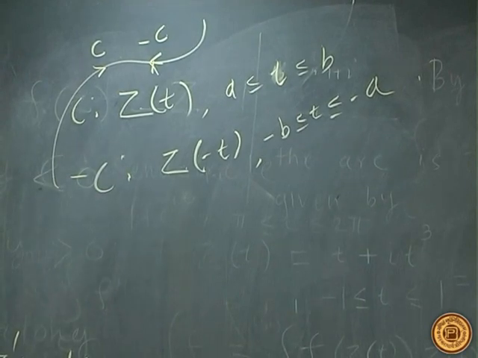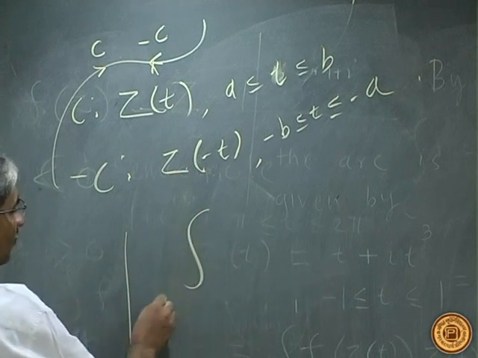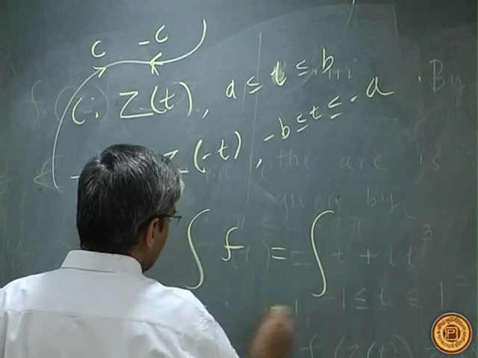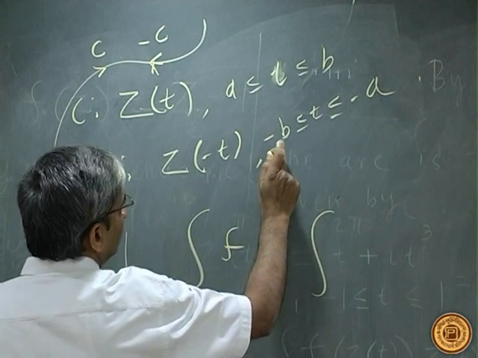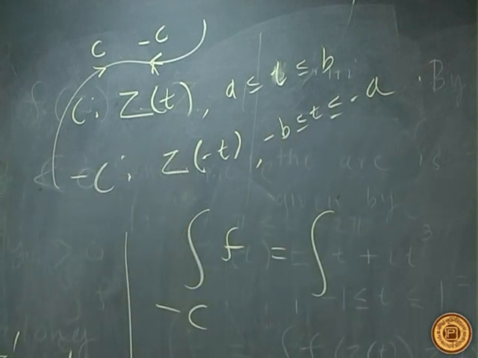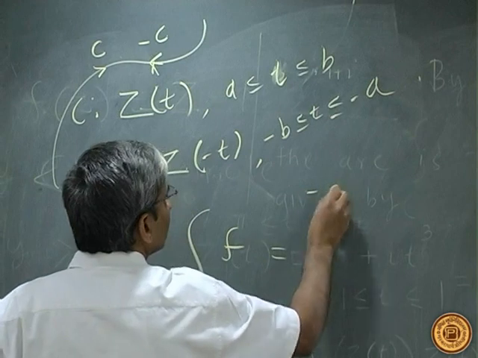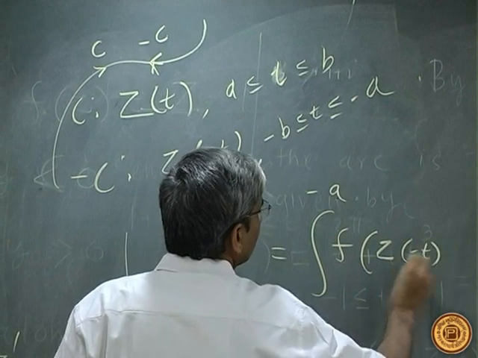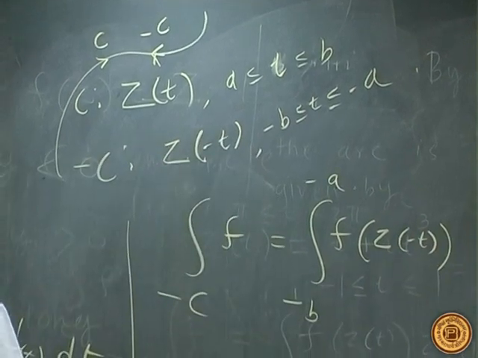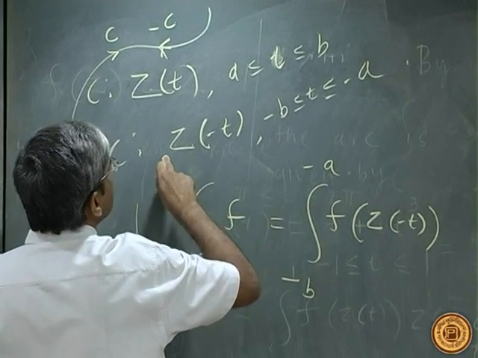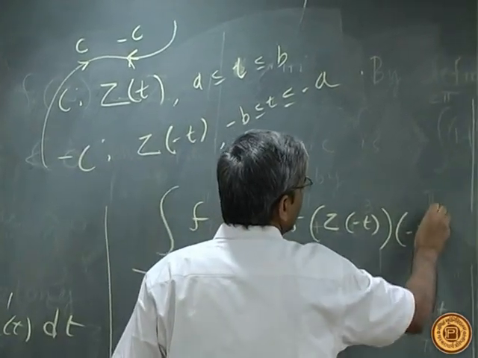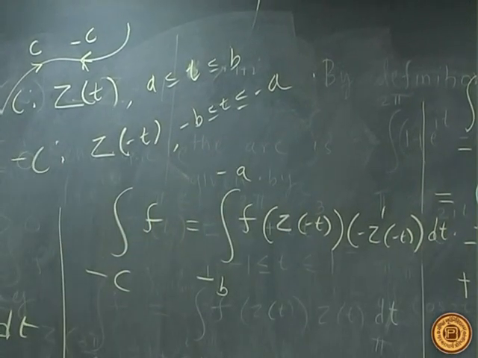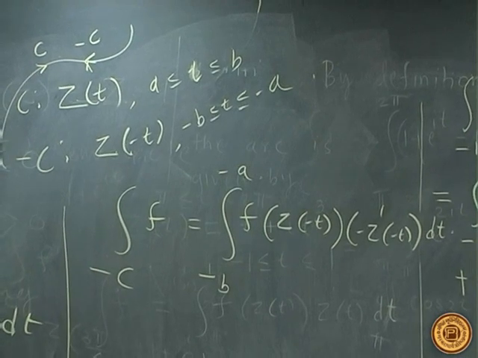Once you have the definition of minus c, you should be able to integrate over minus c. What will this be? What is the parameter interval of minus c? Minus b to minus a. So you integrate from -b to -a, f(z(-t)) into the derivative of this, that is -z'(-t), dt.